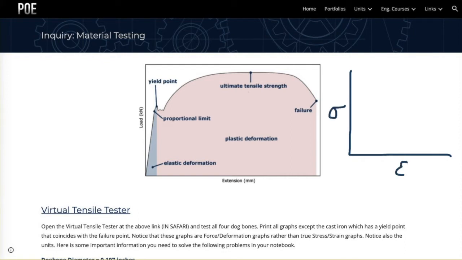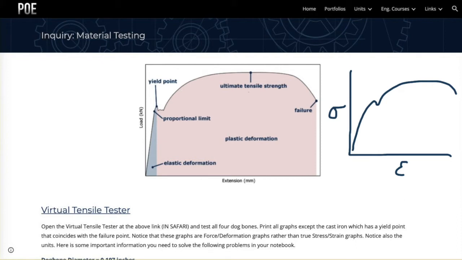It's a stress-strain curve, and it looks basically the same. It goes something like this, but the graph at the top of this page is the kind of graph you're going to get from this online tensile tester.